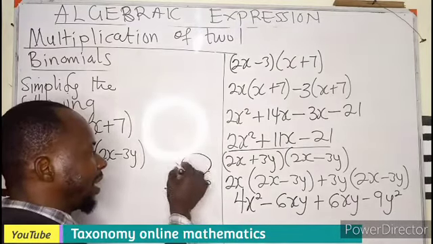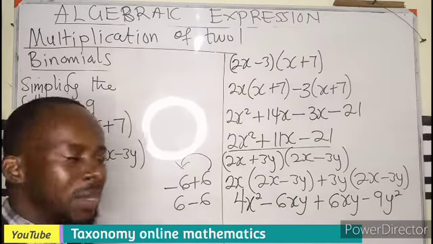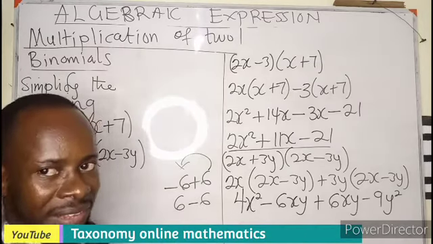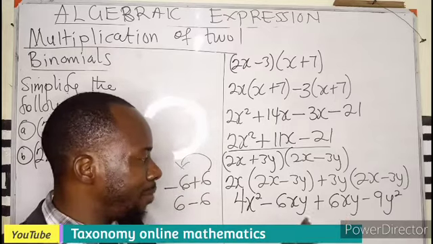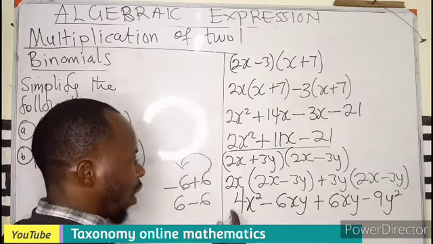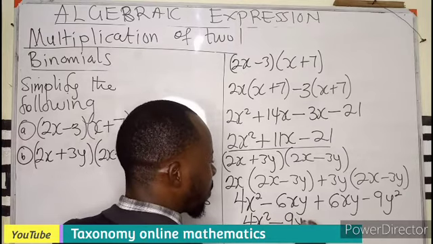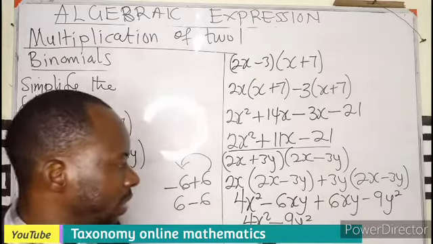We can rearrange them in this way to become 6 minus 6. This is positive 6, negative 6. So 6 minus 6 gives you what? 0. Which means the term in the bracket in the middle will just be 0. So I'll be left with 4x squared minus what? 9y squared. So this is what you get.